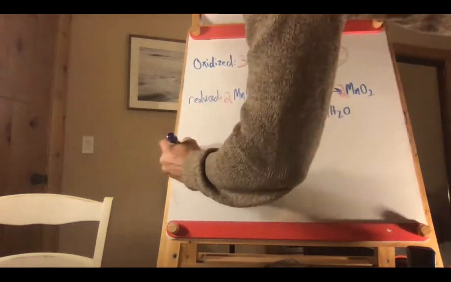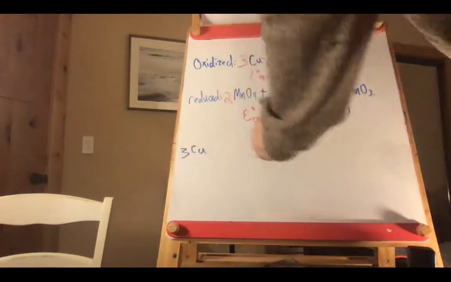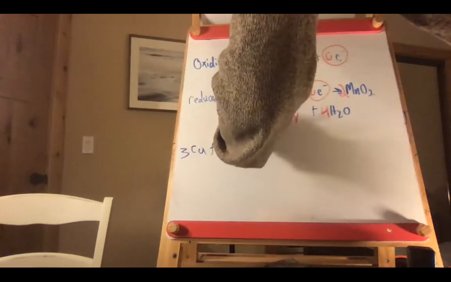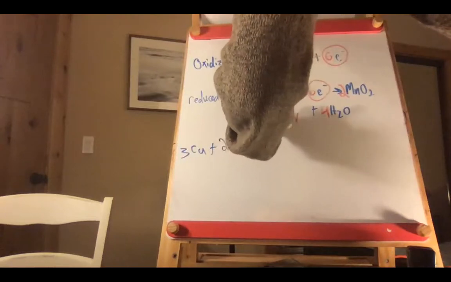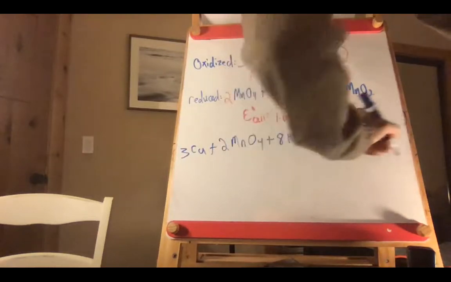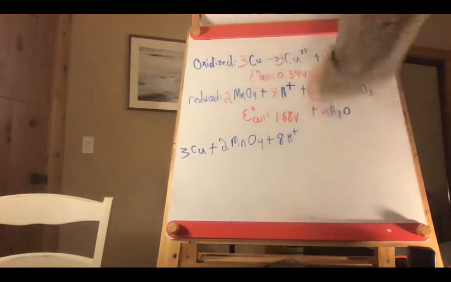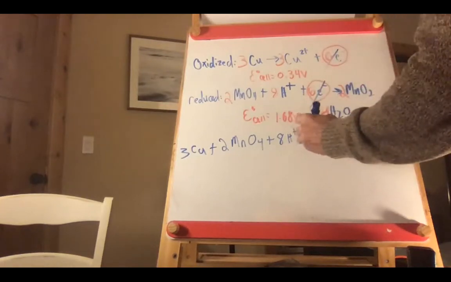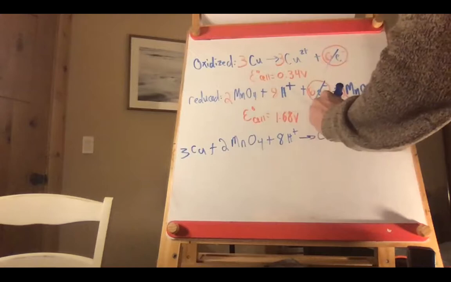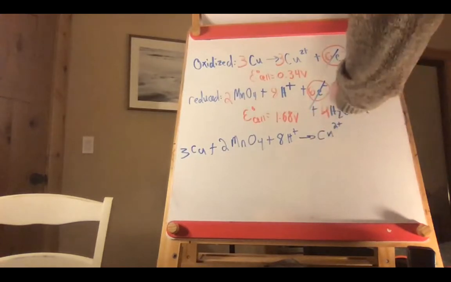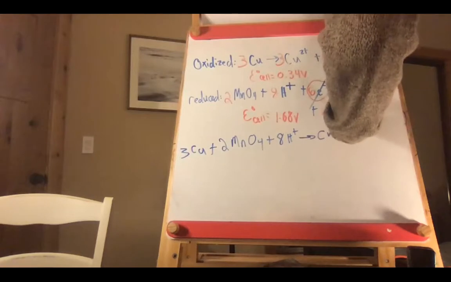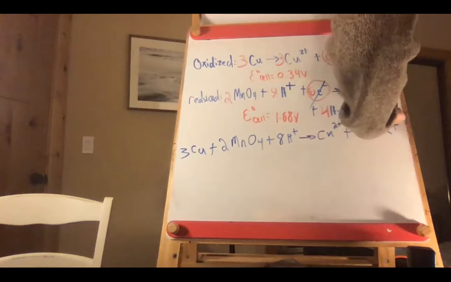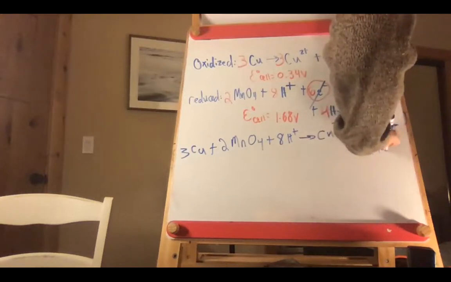We get a 3 Cu plus 2 MnO4 plus 8 H plus, and we can cancel out our electrons, so we don't need to write those in there, yields 3 Cu2 plus, 2 MnO2 plus 4H2O.